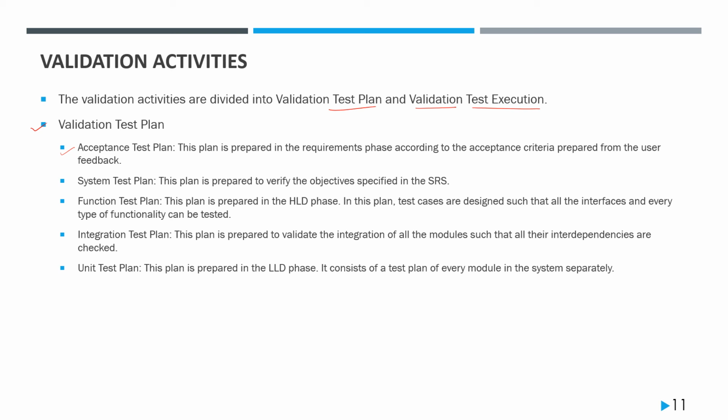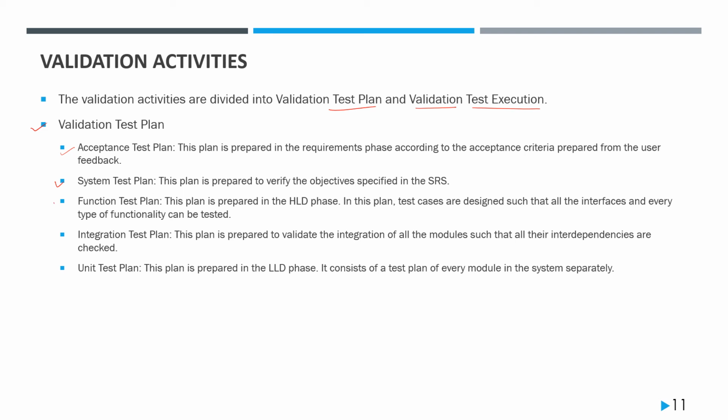This plan is used at the time of acceptance testing. Then the system test plan. This plan is prepared to verify the objectives specified in the SRS. Here test cases are designed keeping in view how a complete integrated system will work or behave in different conditions. The plan is used at the time of system testing.